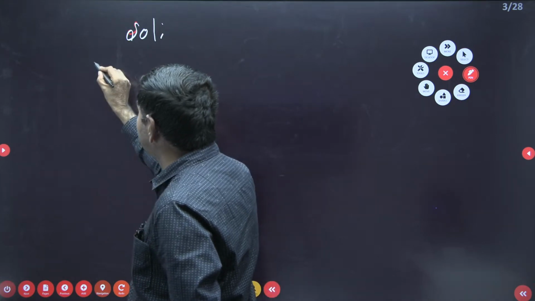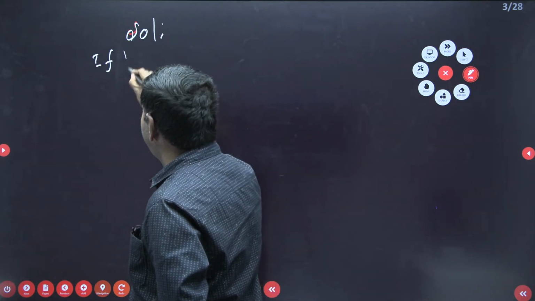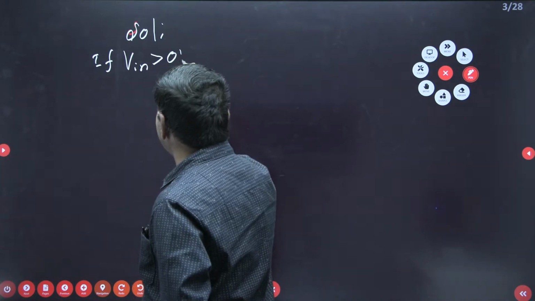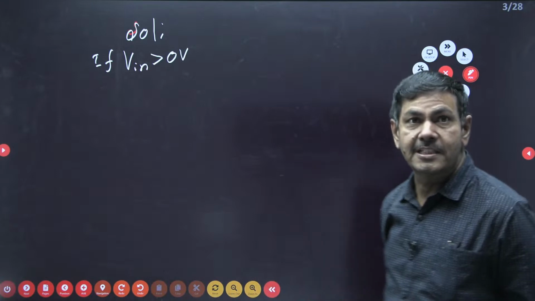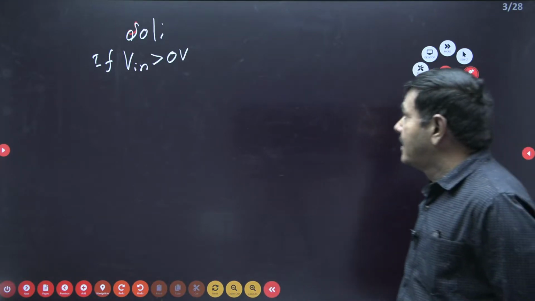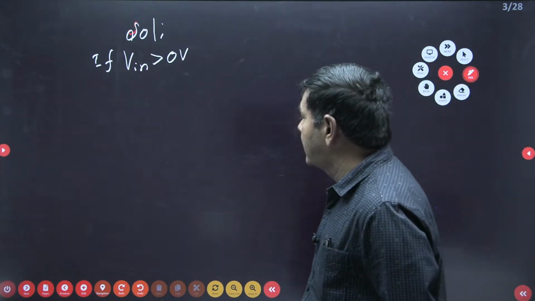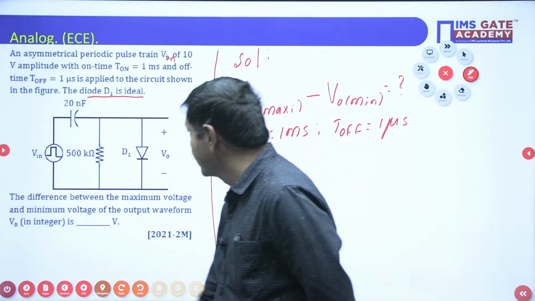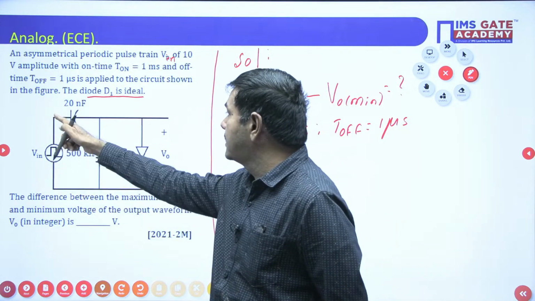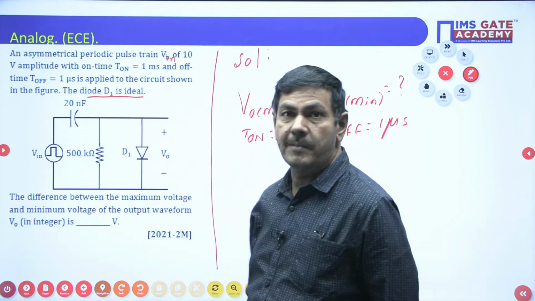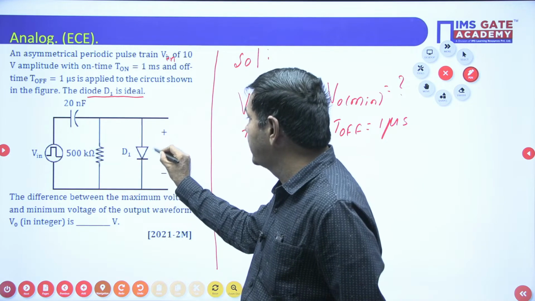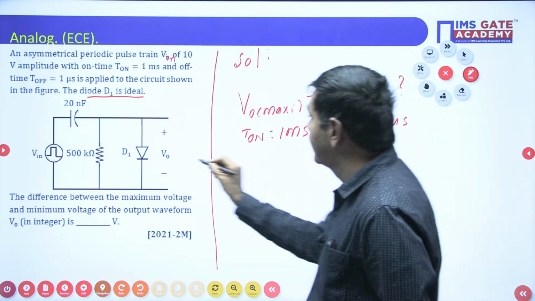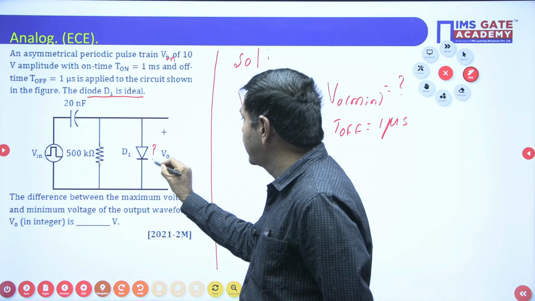I made an assumption: if Vin is greater than 0 volts. If it is greater than 0 volts, is the diode forward biased or reverse biased? You check from the problem. If Vin is greater than 0 volts, this diode is forward biased. This is the P-type material and this is the N-type material.